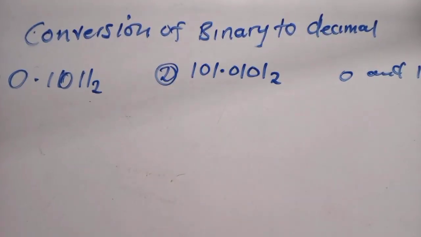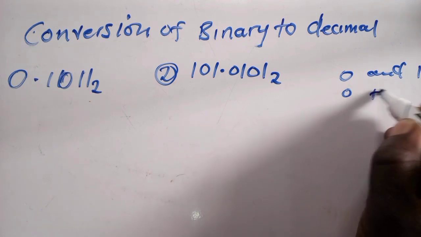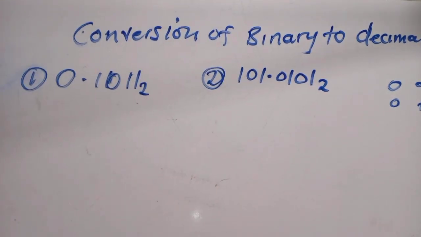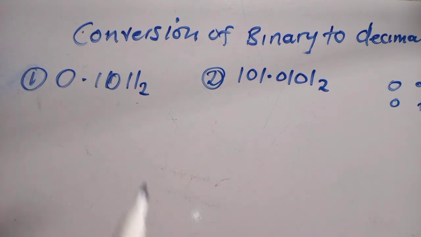And for decimal, these are numbers which we count from 0 to 9. So let's get started with this question written down here, which are in base 2. So we are taking it into base 10.